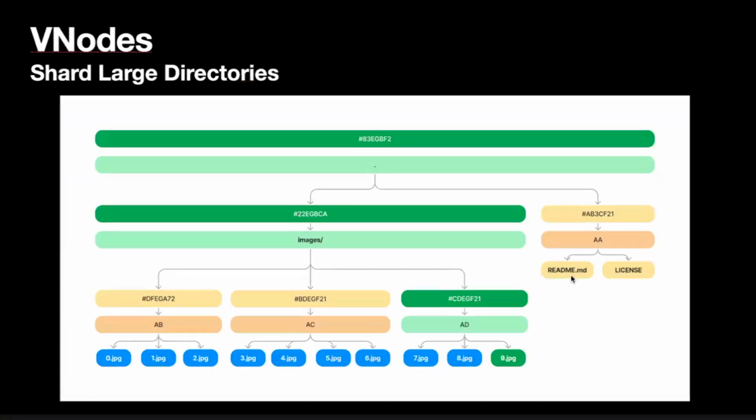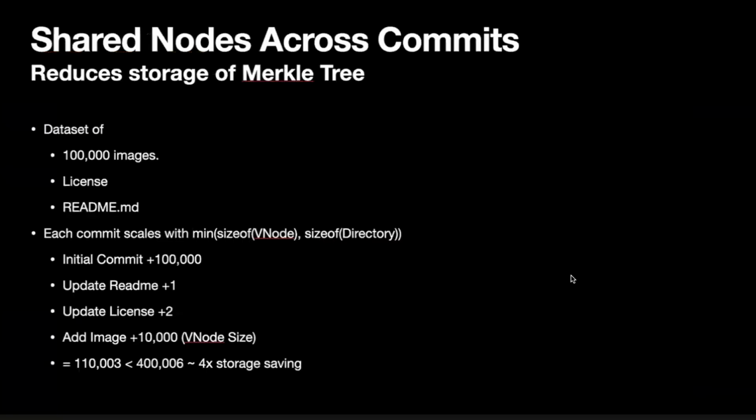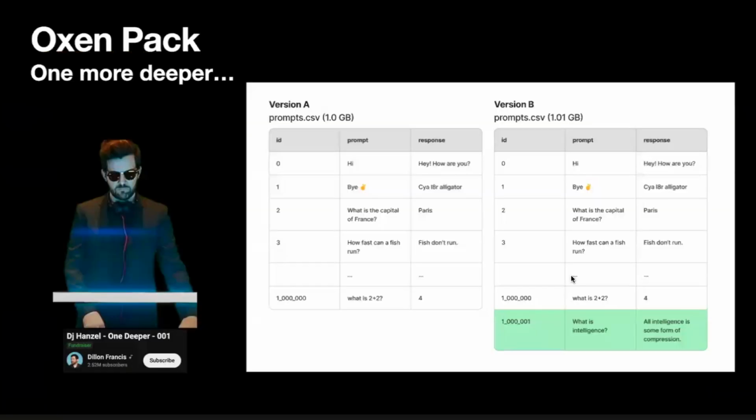So that's great for many files, but what about large files? At the base of this tree, you could have a giant CSV that's 1 gigabyte, and then maybe you add one row to it at the end.